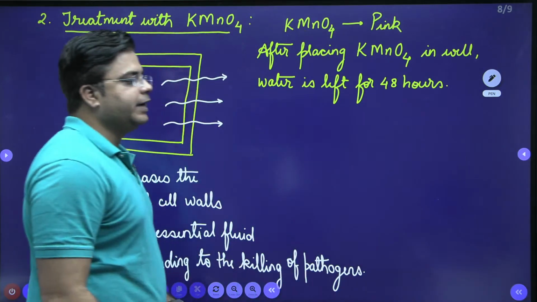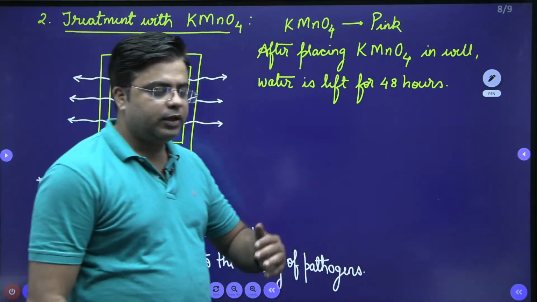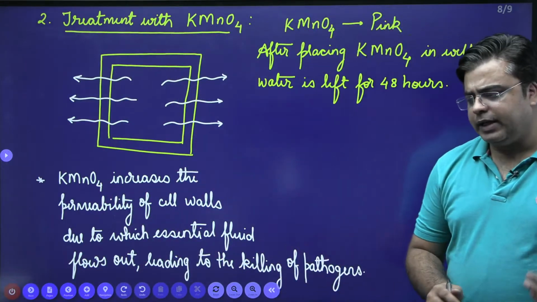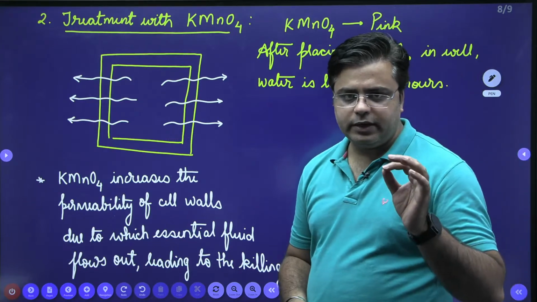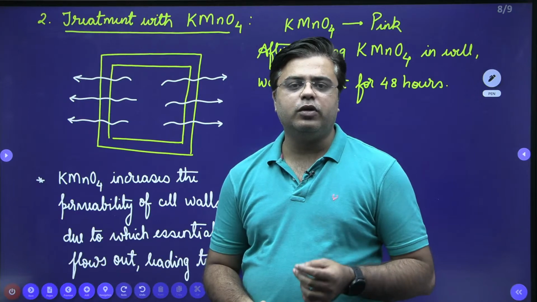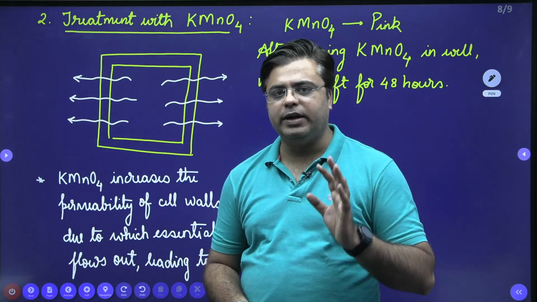And in these 48 hours, KMnO4 will carry out the disinfection of the pathogens that are present in water, right? KMnO4 is basically used to treat village waters or water from wells, right? Again, KMnO4 is not used for treating community water.